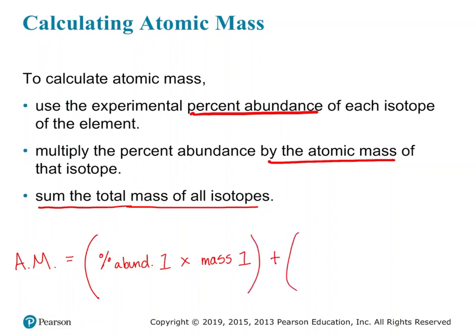And then we're going to add the percent abundance of isotope 2 times the mass of isotope 2. And if you had more than 2 isotopes, you would just keep going. So you would add the percent abundance of isotope 3 times the mass of isotope 3, etc. So you just keep going.